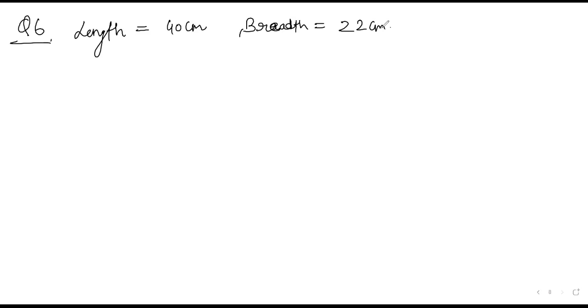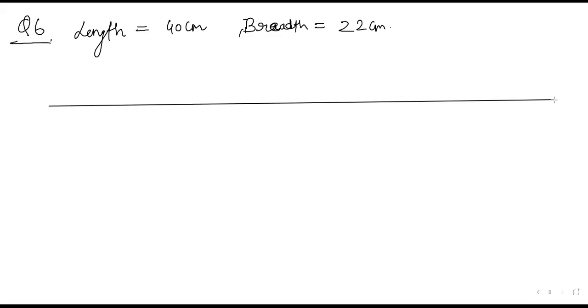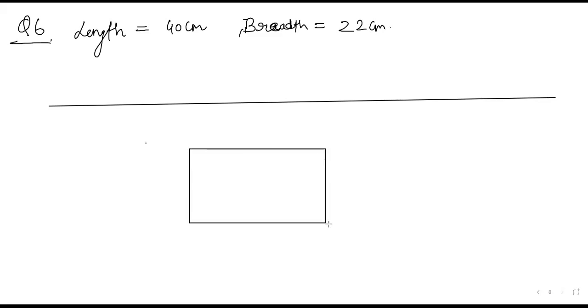So firstly we have to find the length of that wire. To find the length of that wire which is in rectangle form, let me draw. Suppose this is your wire. We have to find the length of this one, right? This wire will be bent in the form of this rectangle, suppose.